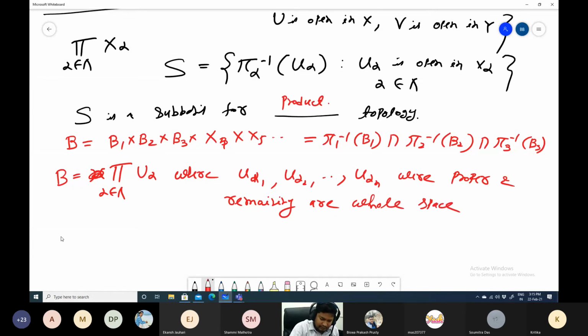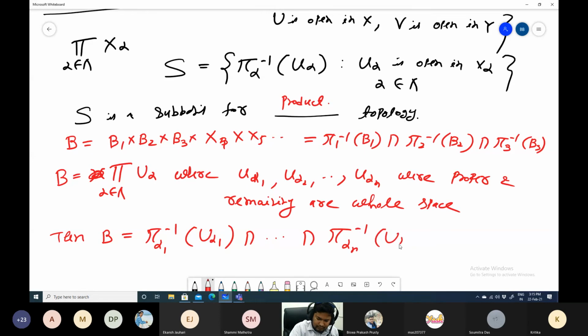Then B is actually pi alpha 1 inverse U alpha 1 intersection and so on. So this is the basis, and that is the region.